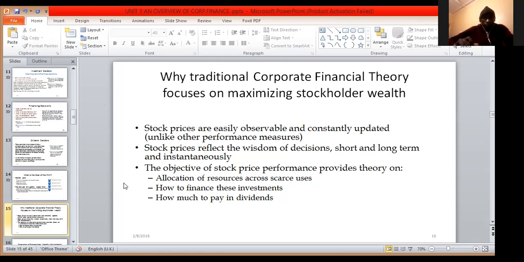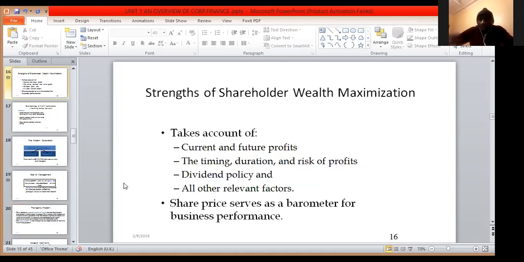Are we able to move? Yes, sir. Thank you. So when we are talking about shareholder wealth maximization, what are the strengths or the advantages of this? It takes into account the following. It is able to tell you the current and the future profits.